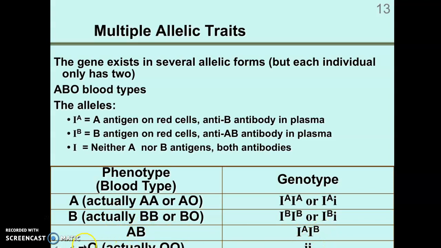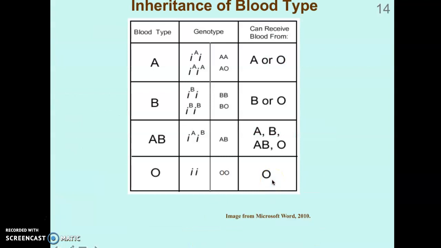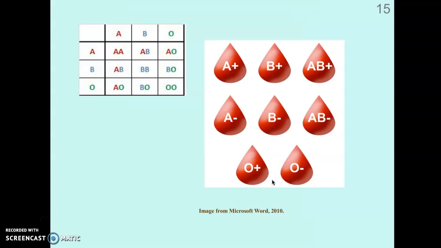And if you had O, basically it's a little i. So it shows you how there's lots of variability in genetics, and we're looking at crossing things. Again, the genotype is the actual genes, the alleles that you have. Phenotype is the physical characteristics, what it looks like.